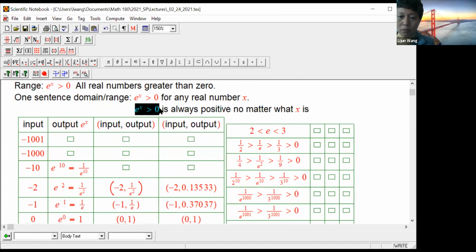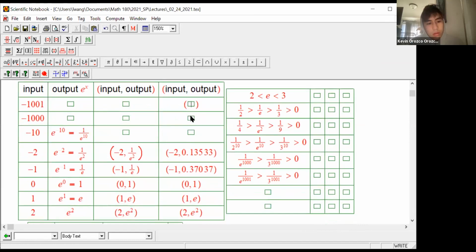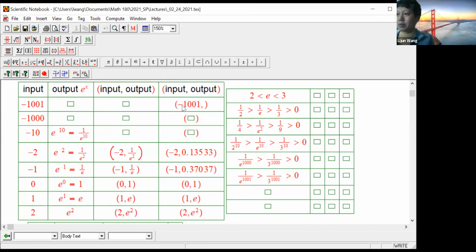Do you follow me? Does it look real now? Great, wonderful. So no matter what this is, all of these inputs, the input is going to be negative 1001, and the output is going to be positive.